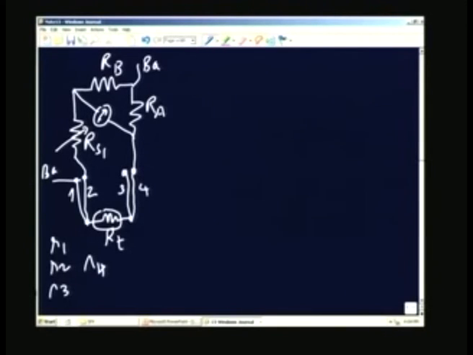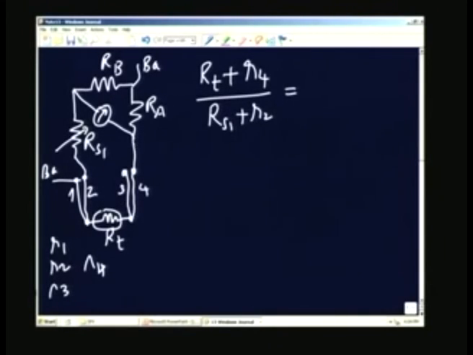Now, I have obtained the balance by adjusting RS suitably. Therefore, you see that if RB and RA are constant, we know that RT, that is this RT plus R4, this resistance divided by RS1 plus R2.